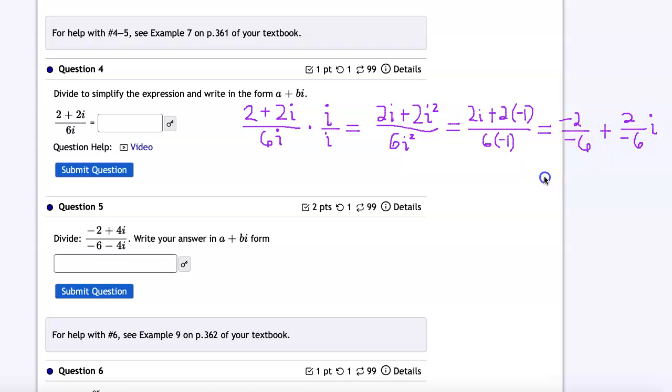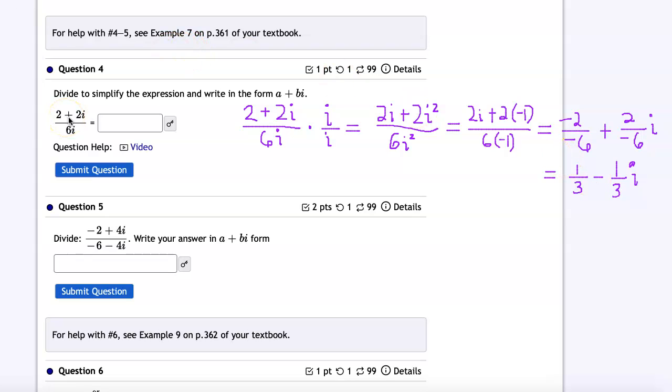And then we can simplify this further, of course, to be a positive 1/3, and then we'll be subtracting 1/3 with i. So you really can't just look at this and guess what the answer is going to be. That's a little difficult to do.